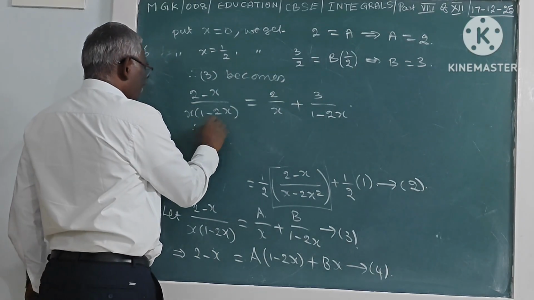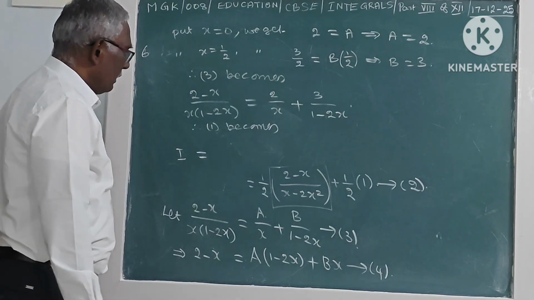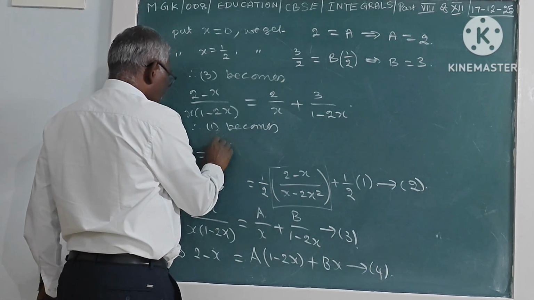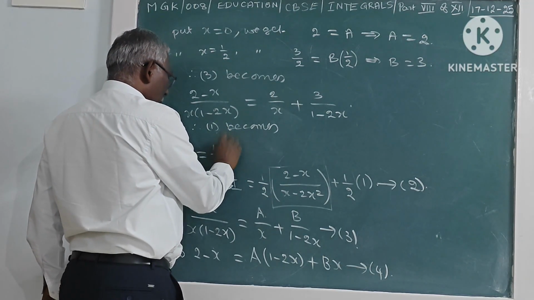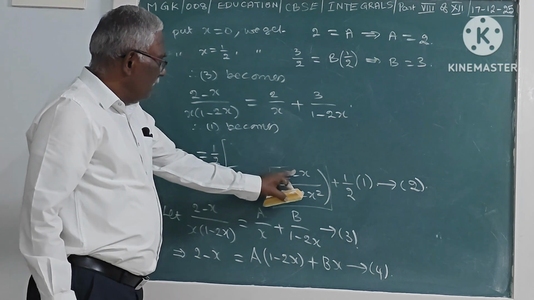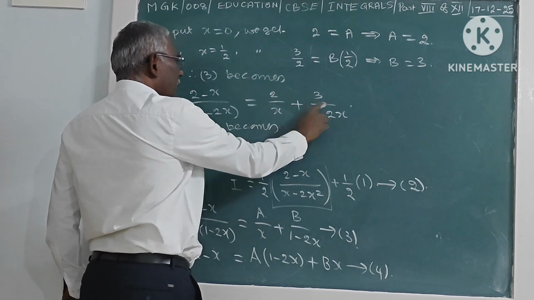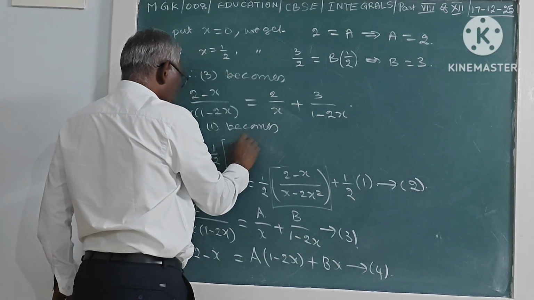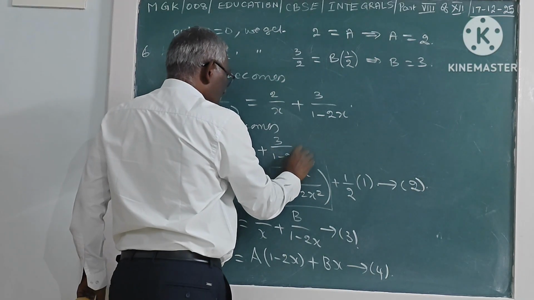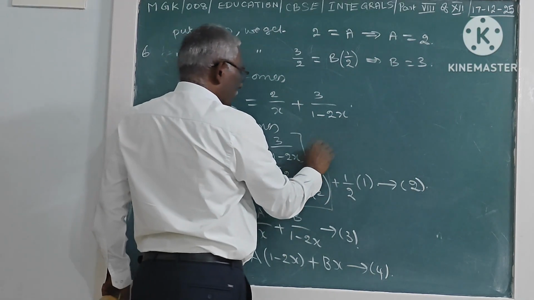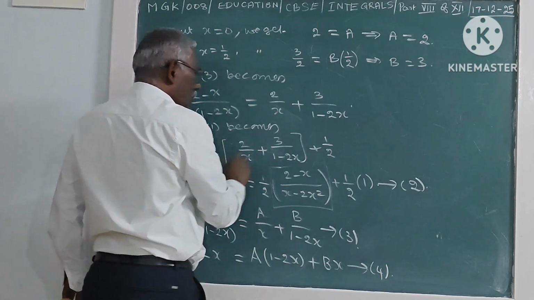Therefore I is equal to half times, this I was there, half times bracket. For this one, we have to write these two terms, 2 by x plus 3 by 1 minus 2x, plus half integral dx.